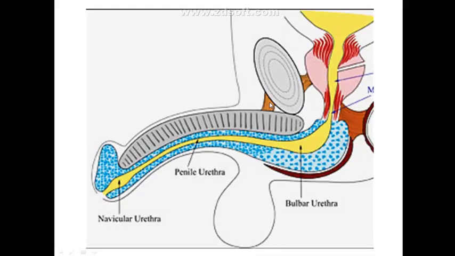Actually, this ligament is formed of fibrous tissue, and sometimes operations are done here to make an abnormally short penis longer. So this is the suspensory ligament of the penis.